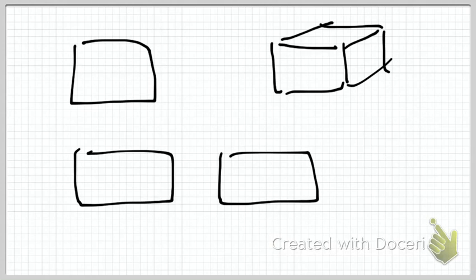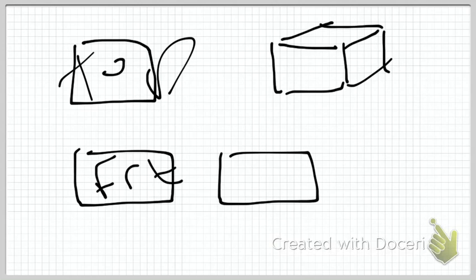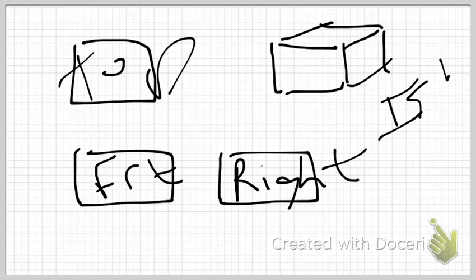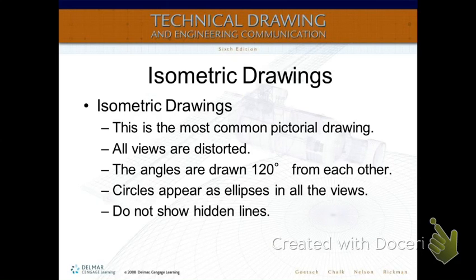So again, here's your top. There's your front and right side. And this is the ISO. Most commonly, this is how your drawings are going to be set up. The angles in an isometric are 120 degrees from each other.